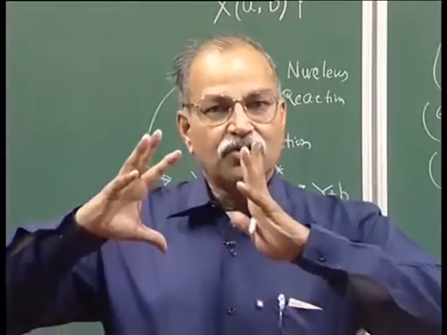Now, it is that compound nucleus in that particular excited state which has its own dynamics to emit the outgoing particle and make the product nucleus. So, that is the underlying theory.